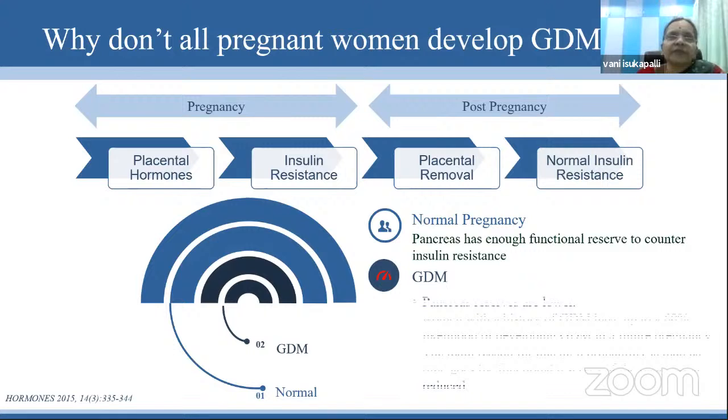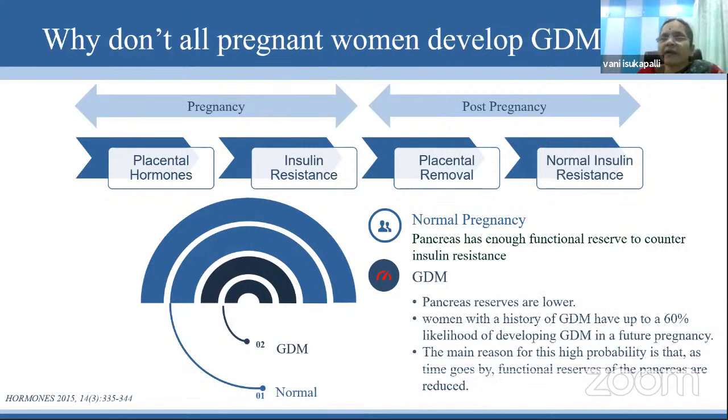You may have a doubt, why don't all pregnant women develop gestational diabetes? In a normal pregnancy, the pancreas has enough functional reserve. So therefore, it compensates for the insulin resistance that happens in pregnancy. But in a few cases, the pancreatic reserves are lower.